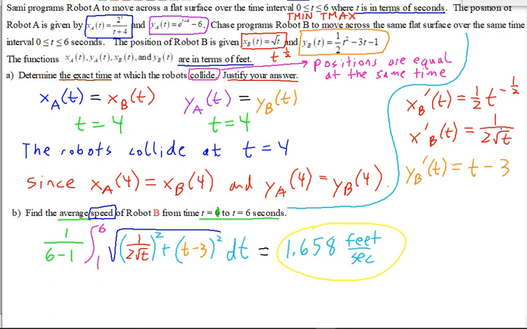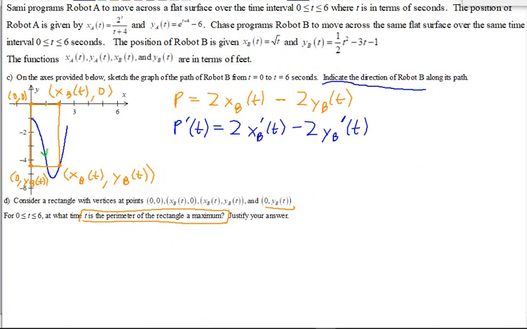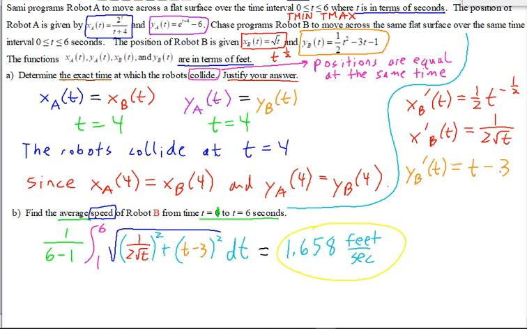So this one was 1 over 2 root t. Minus 2, and then this one, remember, was y sub b prime of t. We already found it was t minus 3.